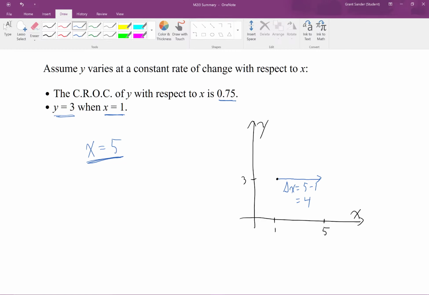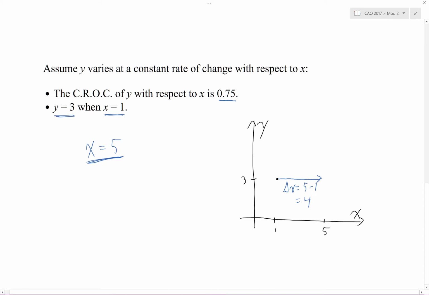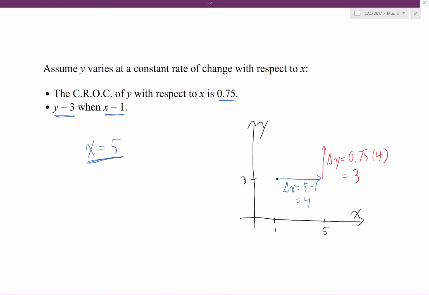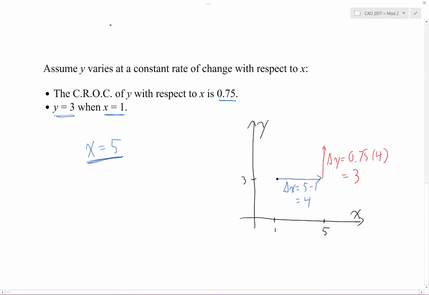And given the constant rate of change, we know that y has to change by 0.75 times as much. So the change in y is 0.75 times as large as 4. And so this change in y is actually equal to 3. Now the new value of y, or the value of y when x equals 5, is found over here on the vertical axis.